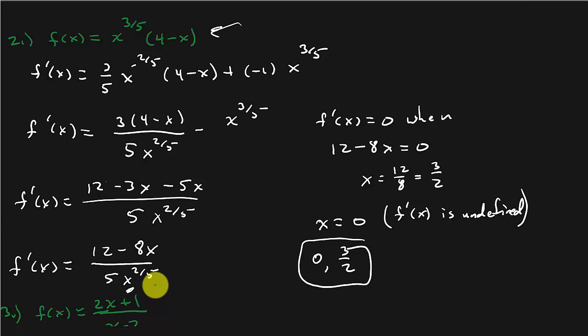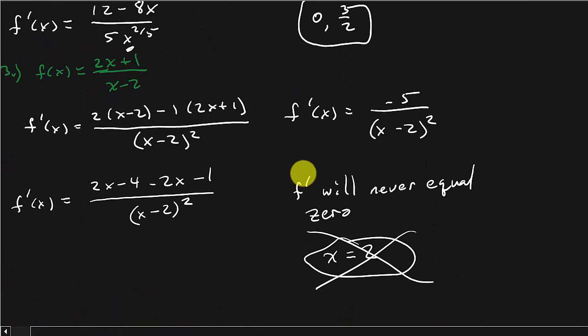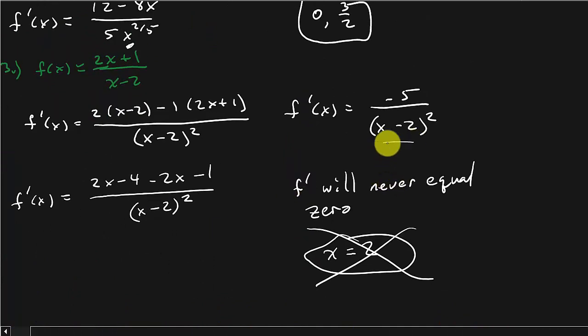It did not exist. Is 0 in the domain of this function? Yeah, we can plug 0 in. It doesn't break any math rules, does it? 0 is in the domain of that function. But look at this. The derivative is undefined at 2. Is 2 in the domain of this function? No. If I plug 2 in, that gives me 0 in the denominator.